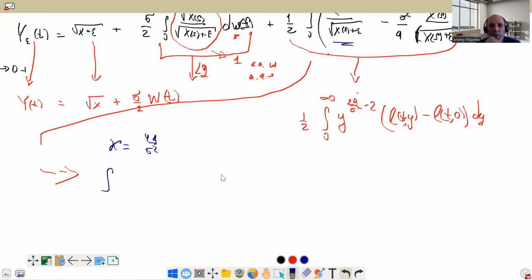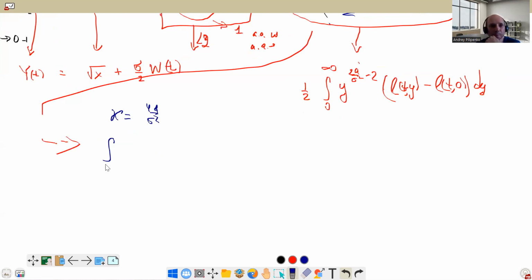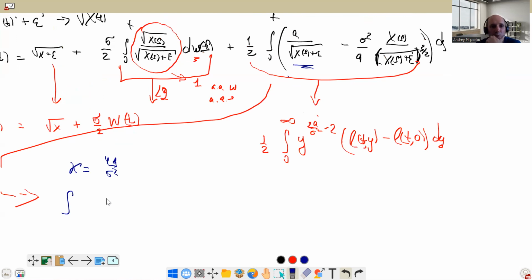So we have the integral of (a over square root of x(s) plus epsilon, minus sigma squared over 4 times x(s) over (x(s) plus epsilon) to the power 3/2) ds.